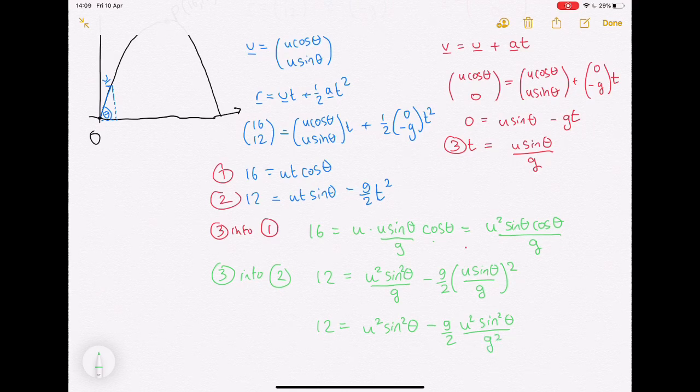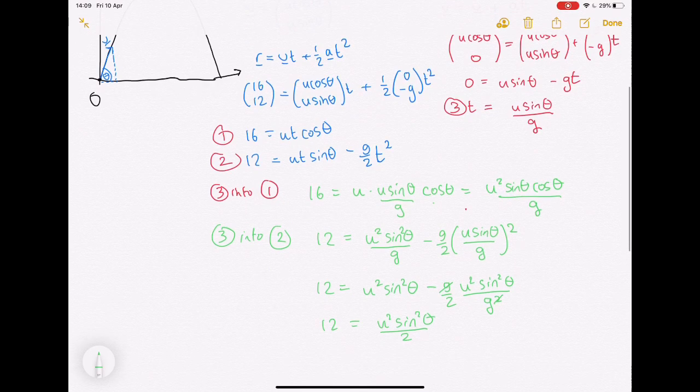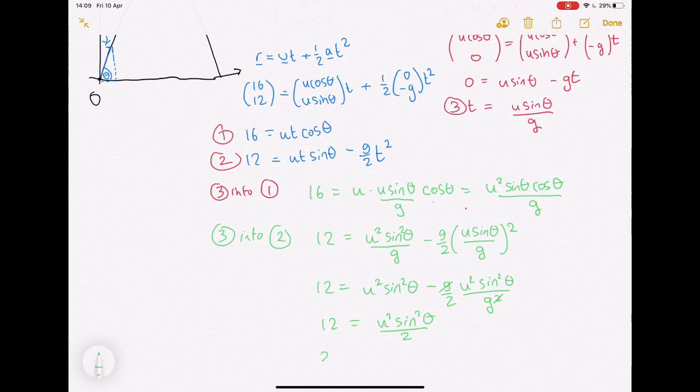Cancelling a factor of g, we get u squared sine squared theta over g minus a half of u squared sine squared theta over g, which is a half of u squared sine squared theta over g equals 12. It might be sensible to multiply that through by 2.